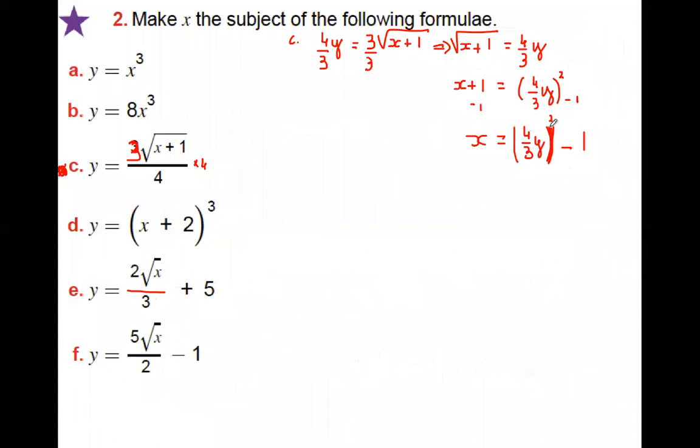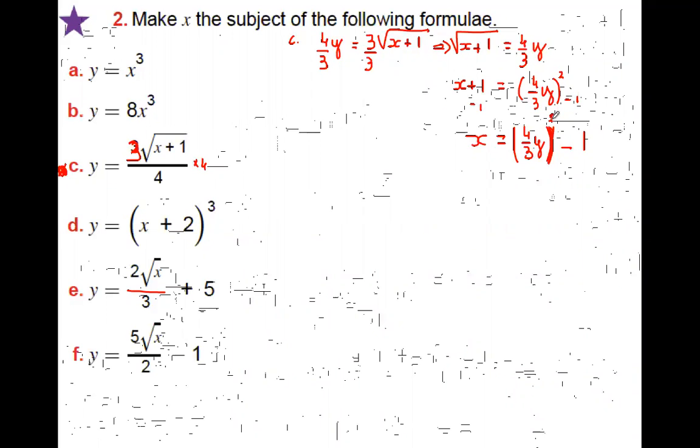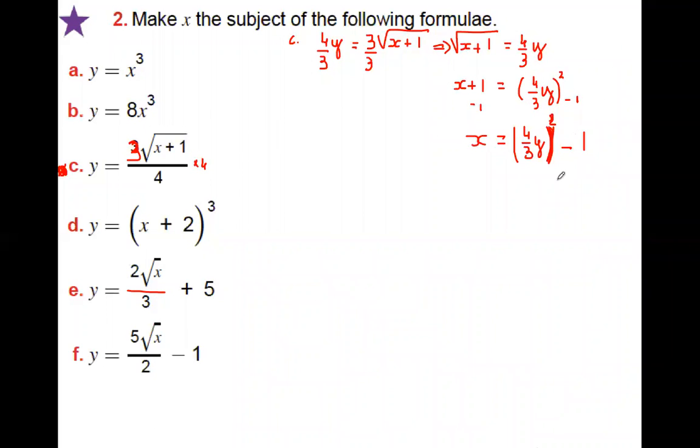So it looked quite complicated to start with, but the only complication was to remember that to get rid of a square root, you just need to square both sides, and that gets rid of the square root. Okay, and I've got my square there. This is a square. And the square applies to the 4, to the 3, to the y.